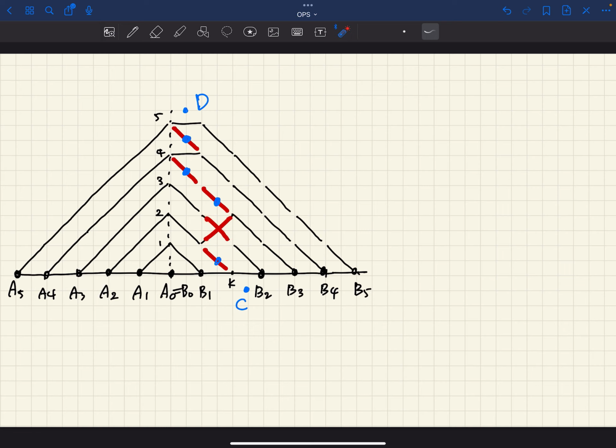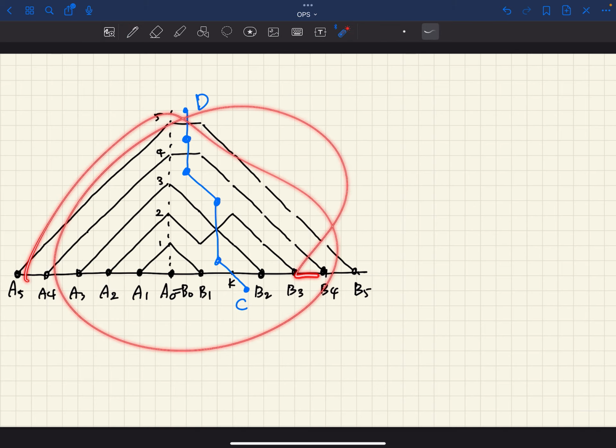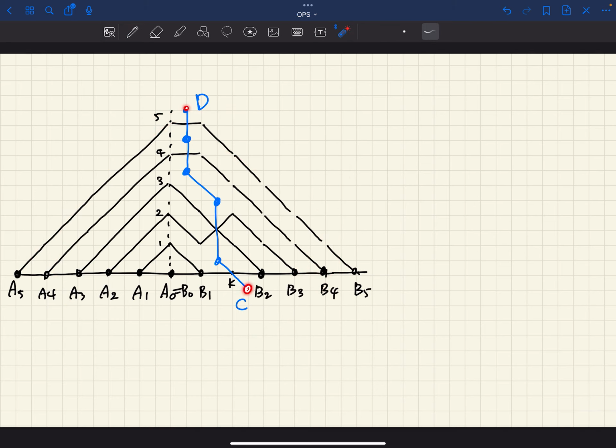These are not missing steps. And then I'm going to delete this, and then connect the dots like this. The step should be there. Like this. So from a non-intersecting lattice path, we constructed a path from C to D, okay?